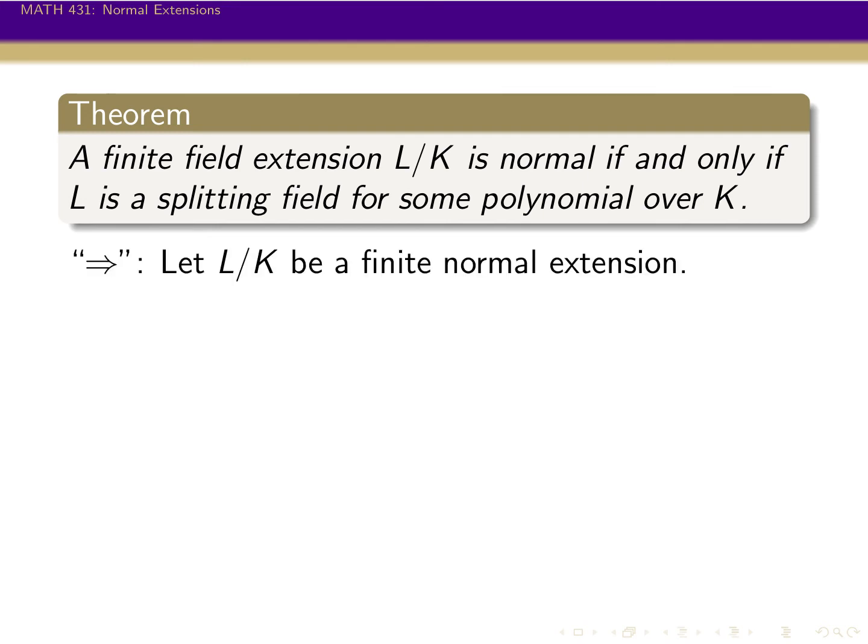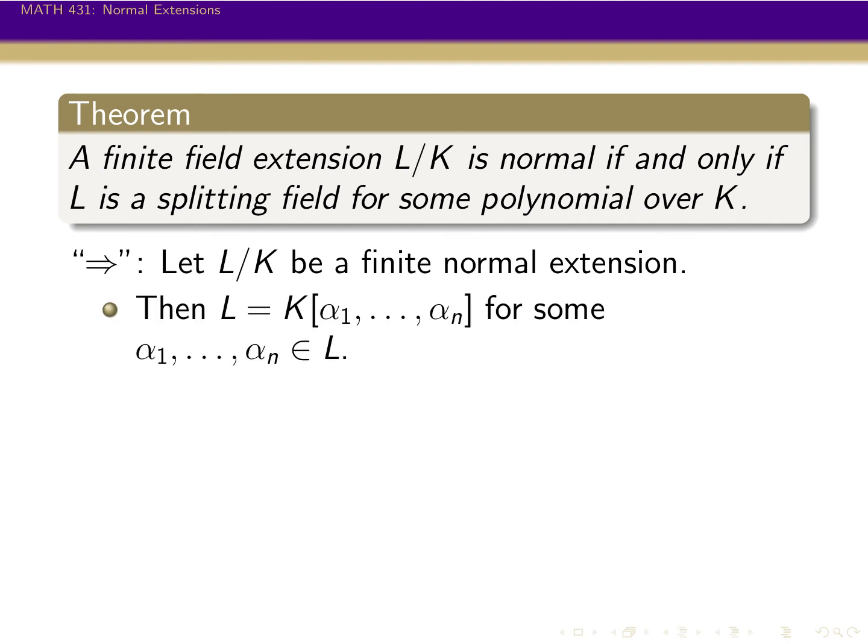So let's prove this. The forward direction is pretty straightforward, because really if you think about it, normal is perhaps a bit of a stronger property than being a splitting field. And so if we have L over K be a finite normal extension, then since it's finite, we can write L as being K adjoining some alpha 1 through alpha n.